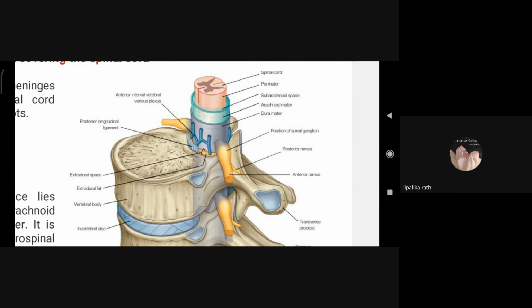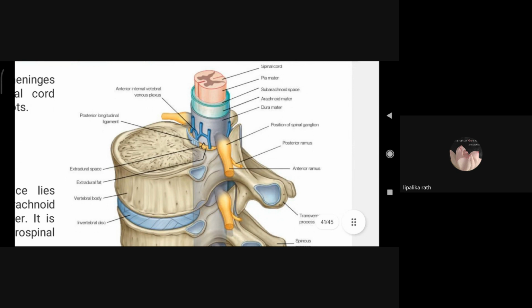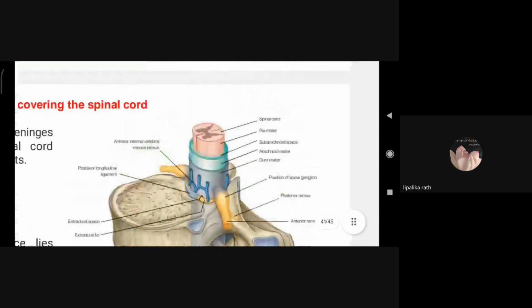Then in between arachnoid and pia mater, the subarachnoid space filled with cerebrospinal fluid, and inside the spinal cord you can see white matter and gray matter. These are the structures of the vertebral column, you all know.